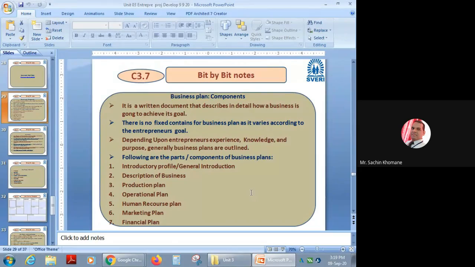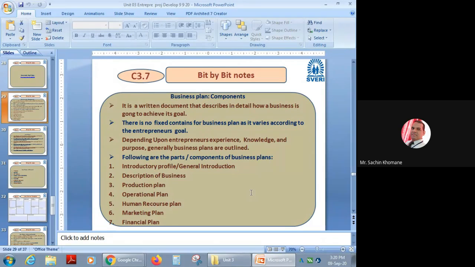Right. So what is the business plan? Last lecture we have seen it is a very minor difference. Both are reports, right? Both are written documents. But one report is telling what the entrepreneur is interested to do, and the business plan tells in detail how that entrepreneur is going to achieve his goal in that organization, or how that organization will achieve its goals, right?